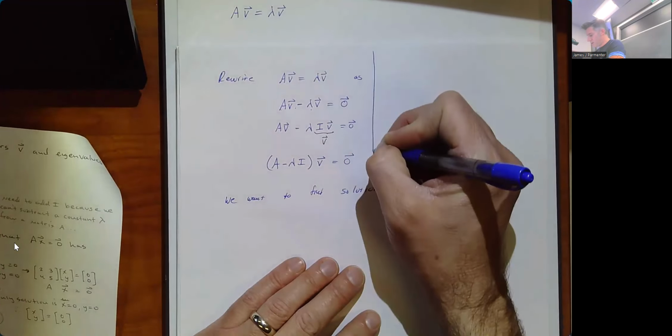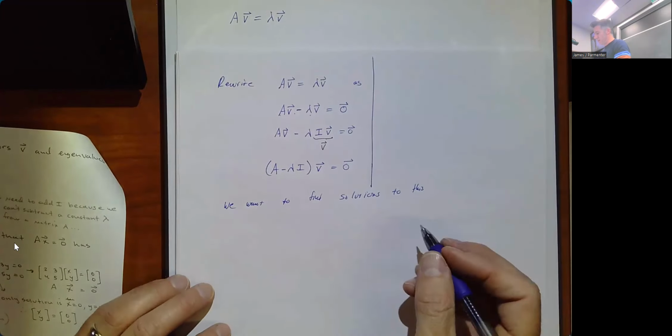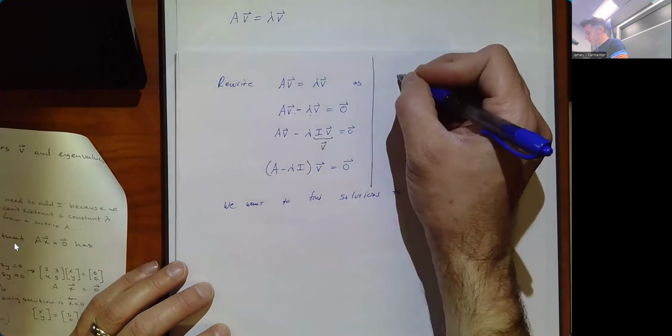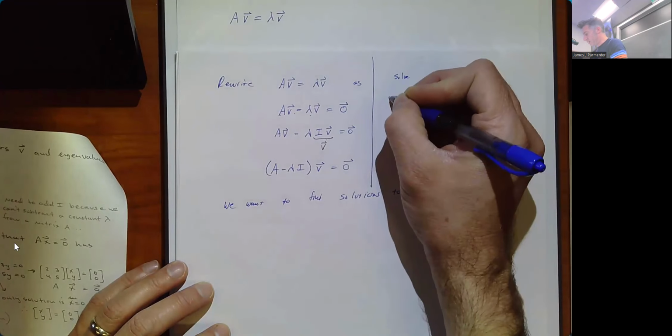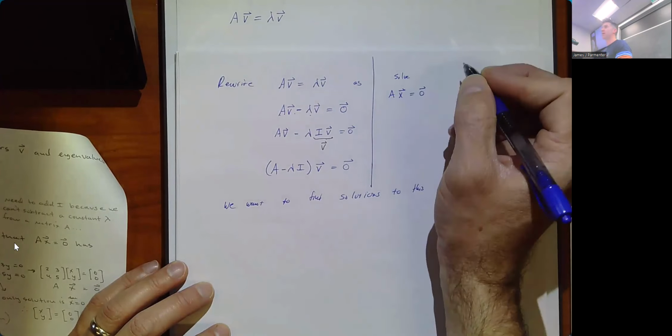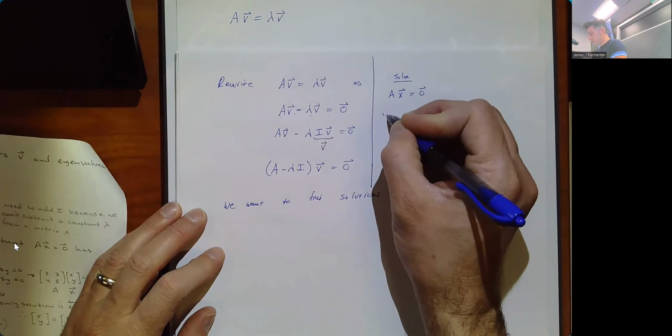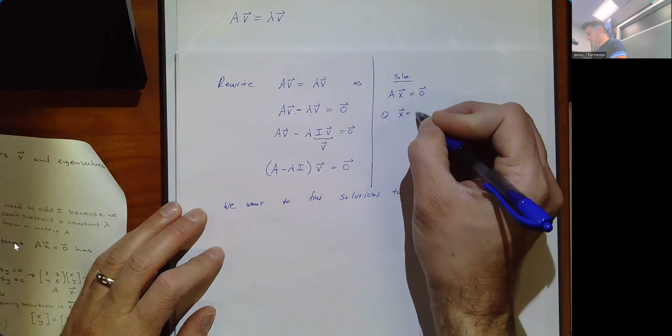So what if I was trying to solve a matrix A times a vector x equal to 0? There's a couple things that can happen. One thing that can happen is that x is just the 0 vector.